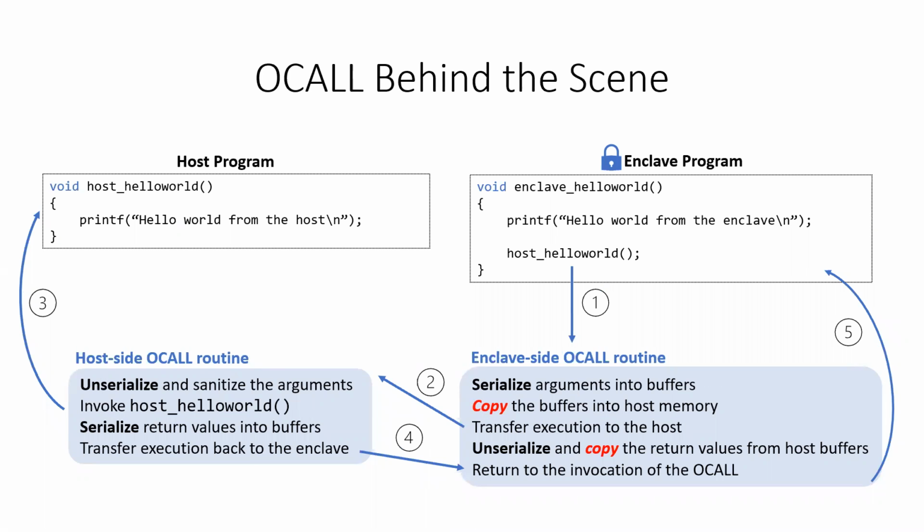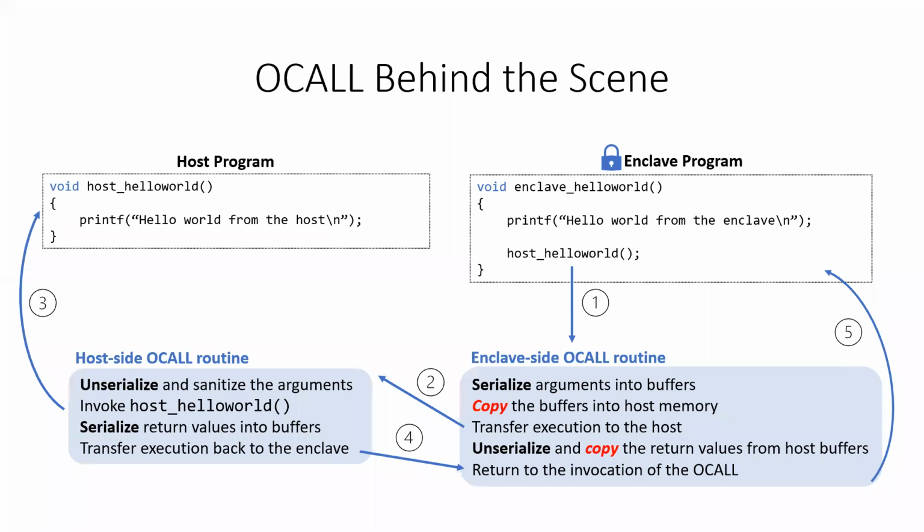So for the ocall, the mechanism is similar to the ecall. It's just done in the reverse way. So let's see, in this case it is the enclave who calls a function on the host, which is host_hello_world. Now the enclave will serialize the arguments and copy the buffers.